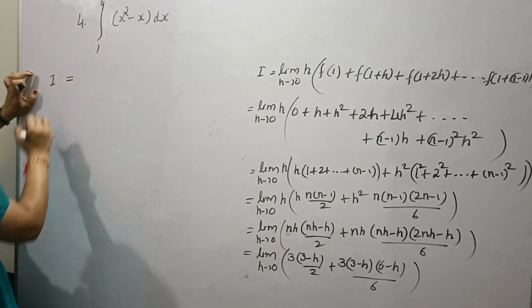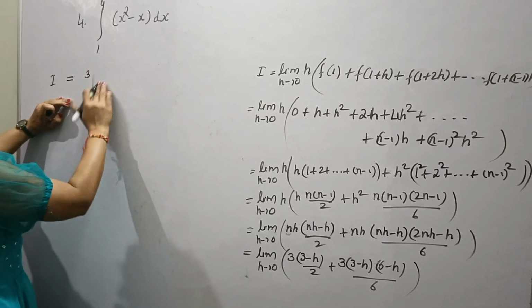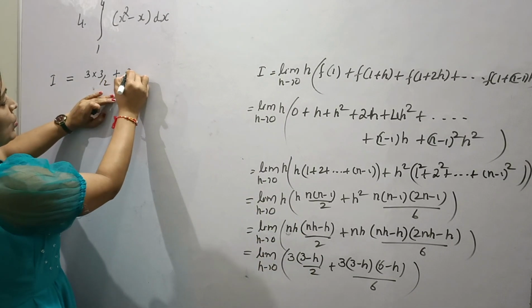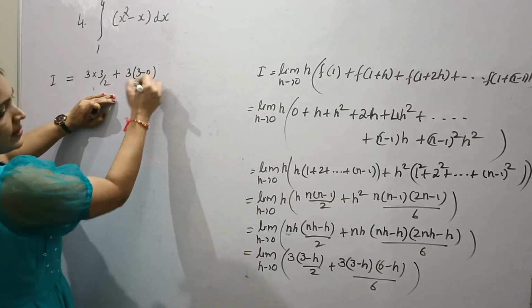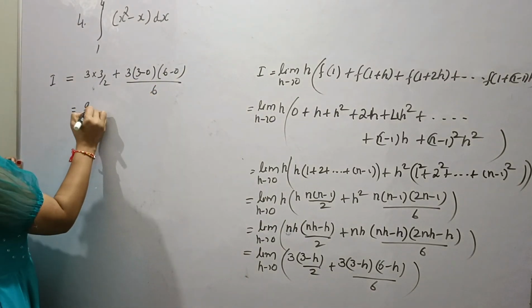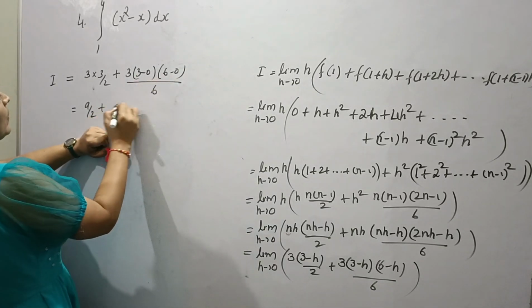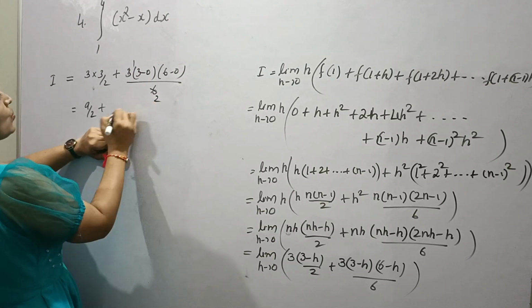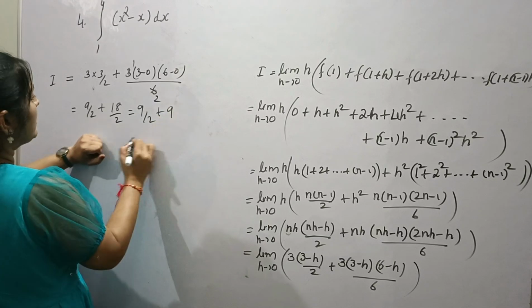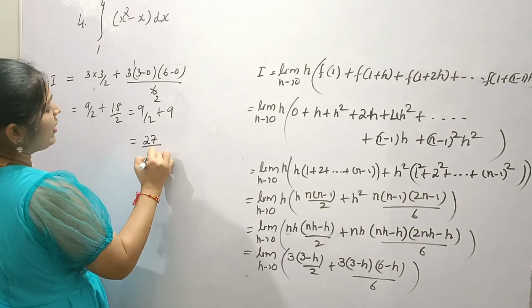So that is equal to, I is equal to 3 into 3 minus h, that is 3 minus 0, that is 3, okay, 3 by 2, plus 3 into 3 minus 0 into 6 minus 0 divided by 6, that is equal to, here 9 by 2 plus 3 into 6, 18, okay, 18 divided by 6, that is 3, so 9 divided by 2 plus 9, that is equal to 18 plus 9, that is 27 divided by 2.